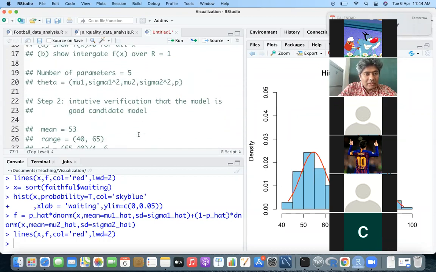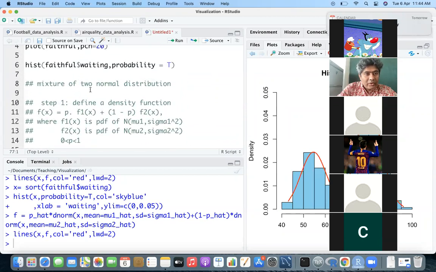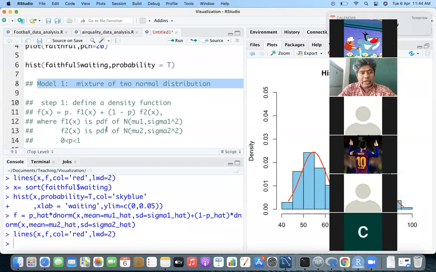What was our model? Yeah, a mixture of two normals. Can I ask you to try the second model, which will be a mixture of two gamma distributions?